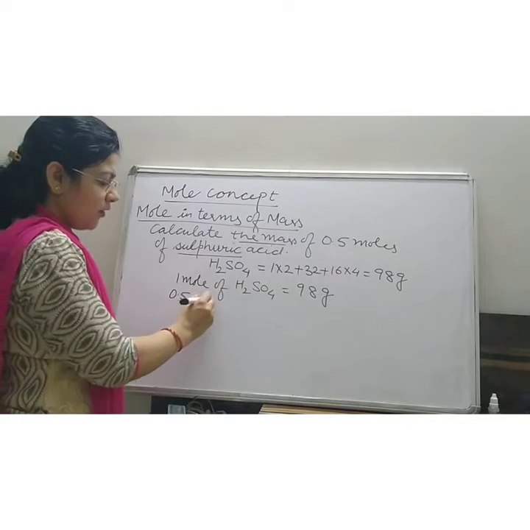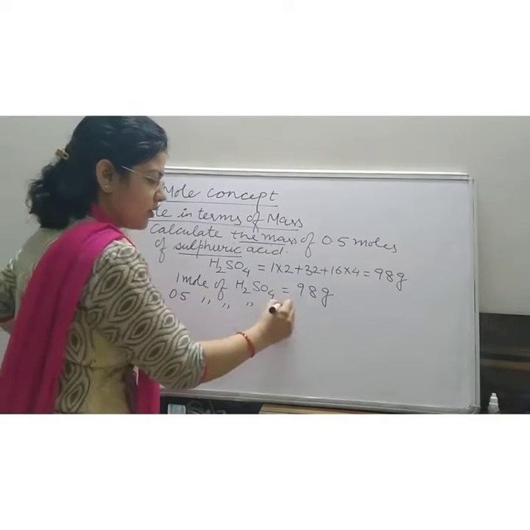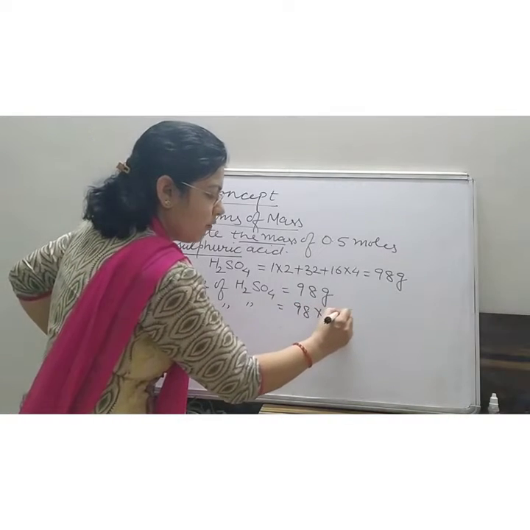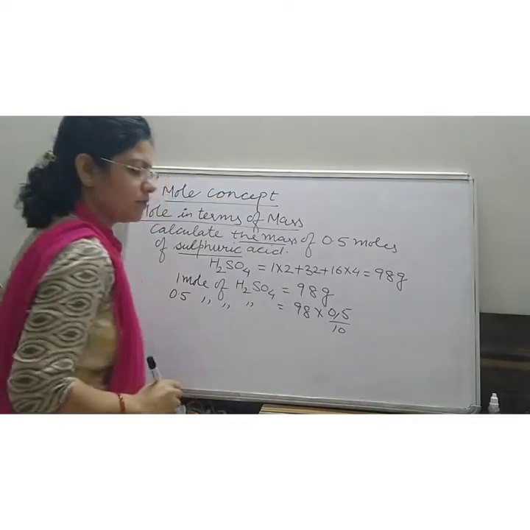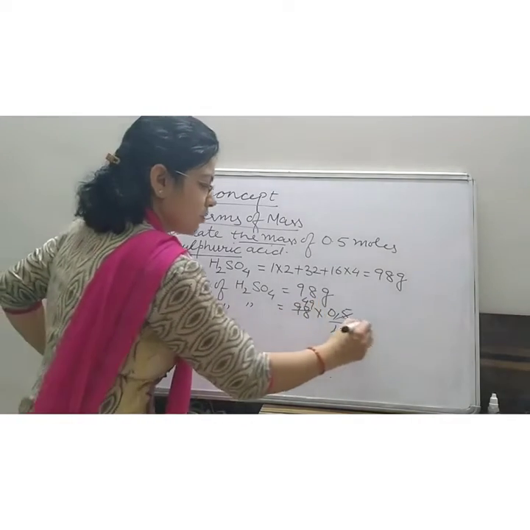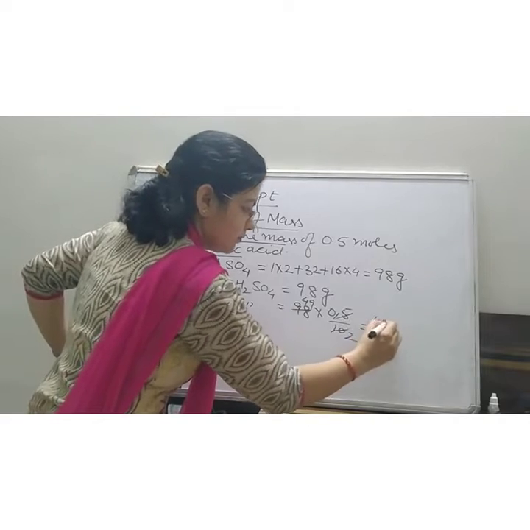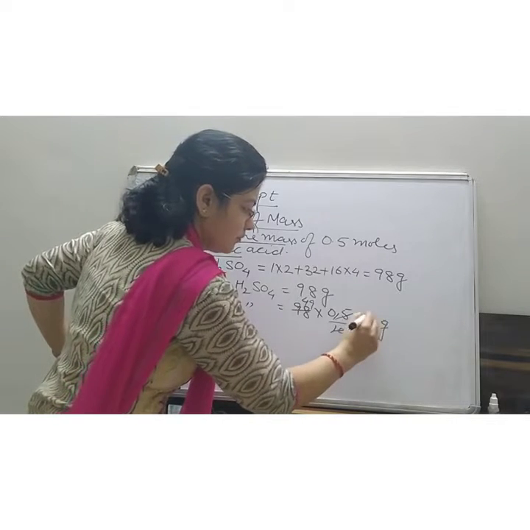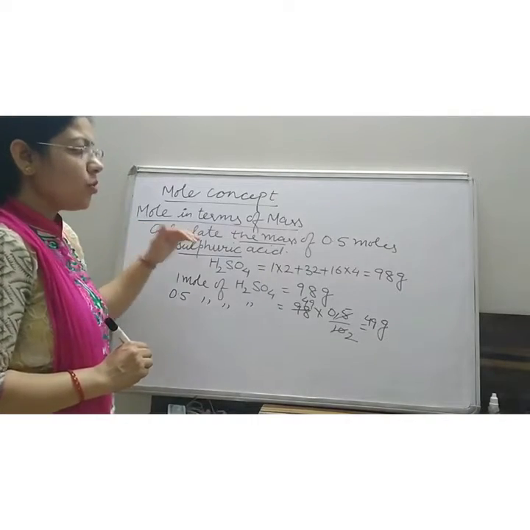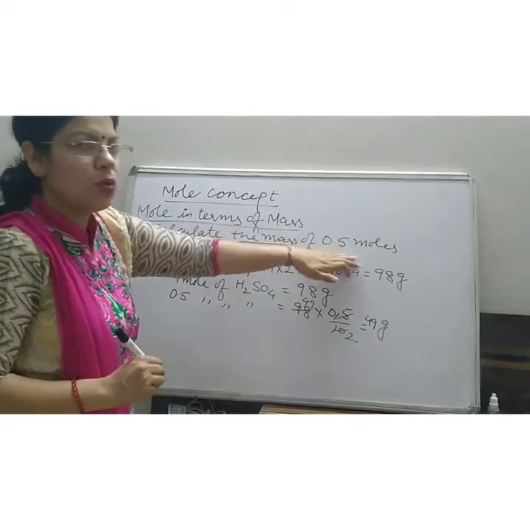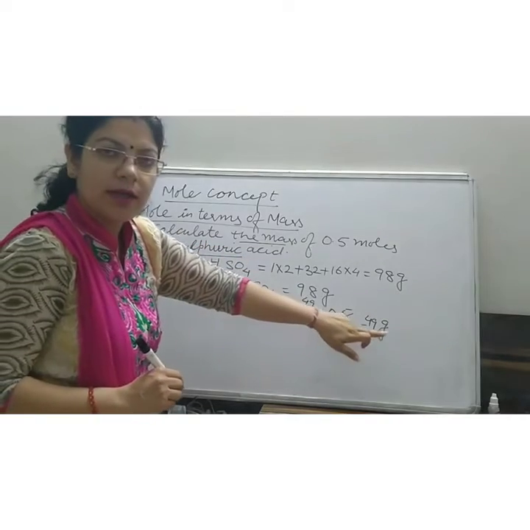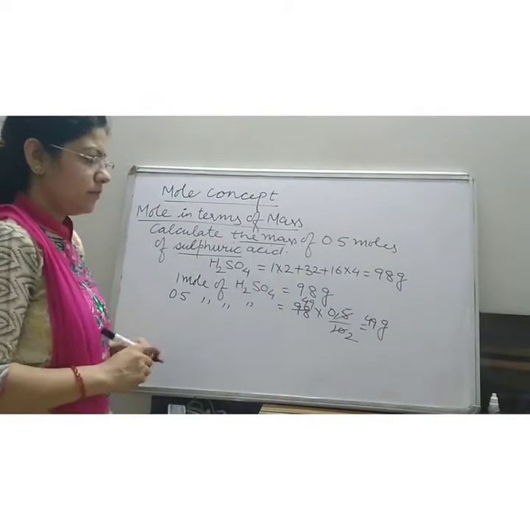So, 0.5 mole of sulfuric acid is equal to 98 into 0.5. It comes out to be 49 grams. It means the mass of 0.5 moles of sulfuric acid is 49 grams.